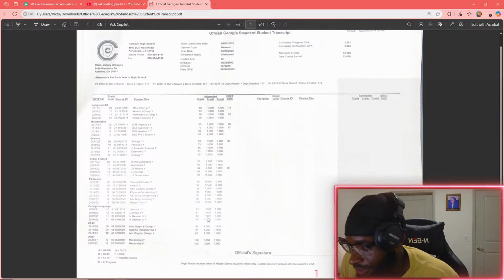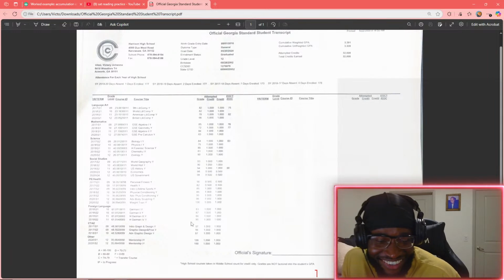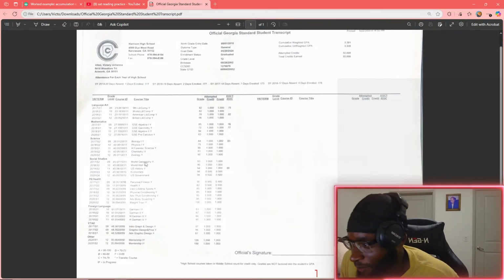This was the most fun right here. German. German one, two, three, four. Oh, I did take honors. Never mind. Honors German three. There you go. Honors German four. Those are my only honors classes. Oh wait, is that what the H means? Honors? No, maybe. I don't know. Honors forensic science, maybe.